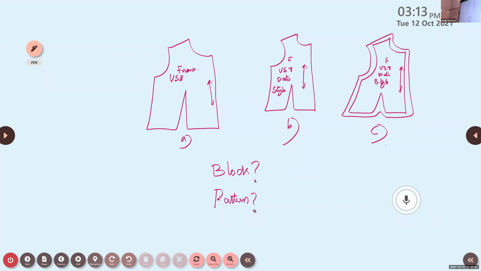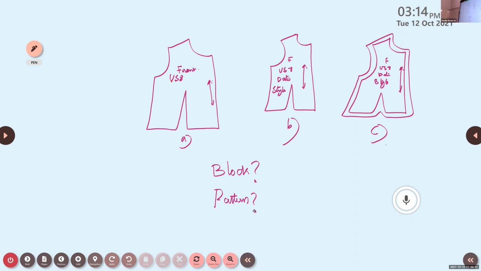A, B, and C are there. Which one is the block and which one is the pattern? C is the block.